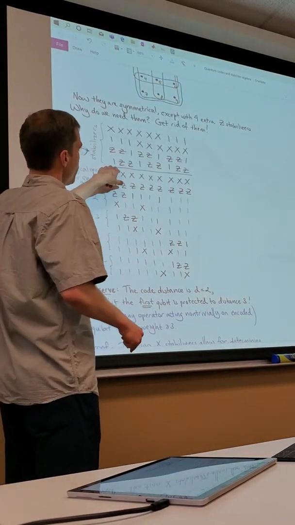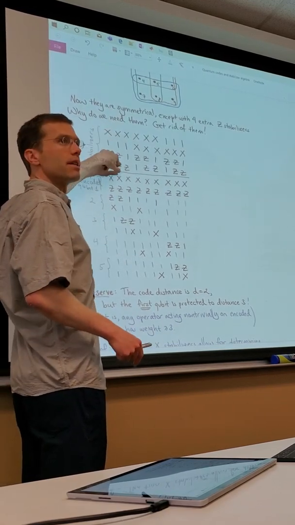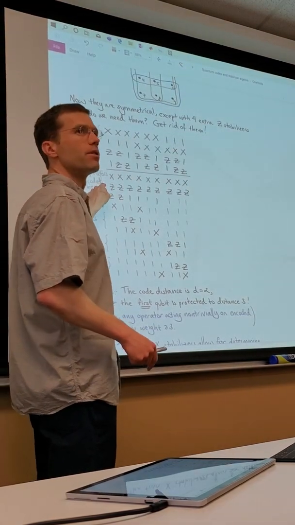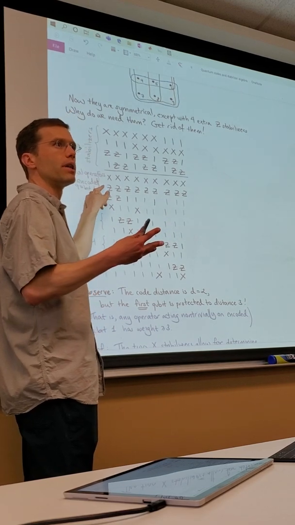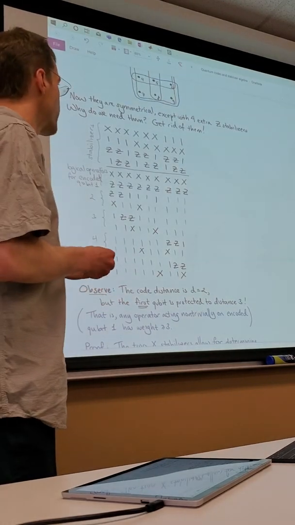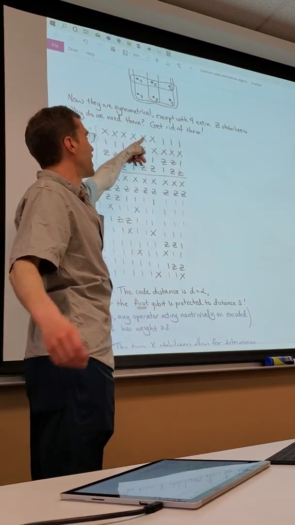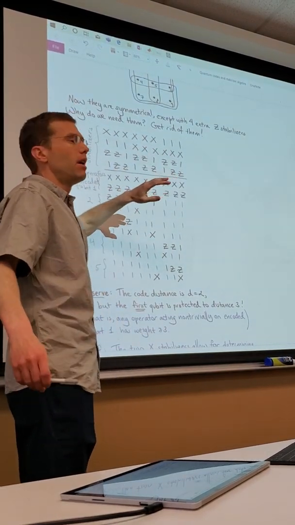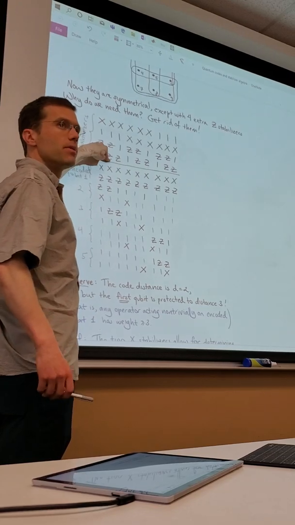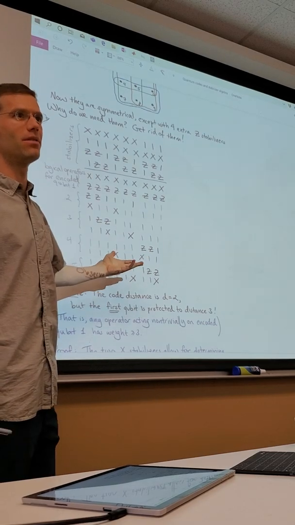But furthermore, even if you multiply these logical operators by any combination of these guys or these guys, you still always have a weight of at least 3. There's no way of affecting this first logical qubit without at least a weight 3 operator, even though you can mess up the other encoded qubits. And so that's the idea. If you have a weight 1 error, like a Y error in qubit 5 in the middle, and you try to correct it by measuring these syndromes, you can't correct it because the code only is distance 2.